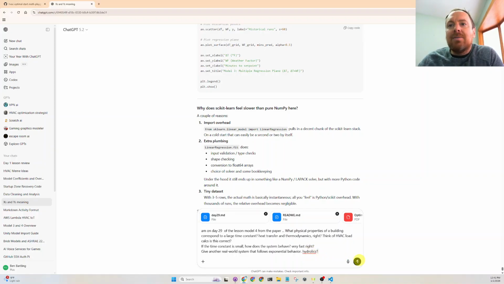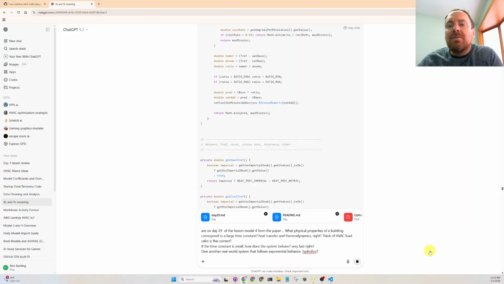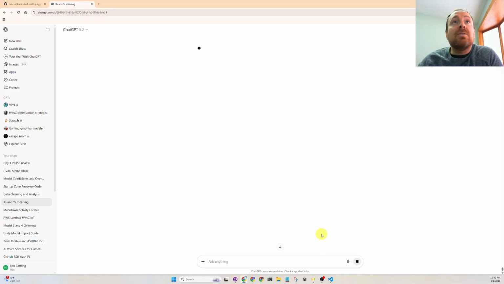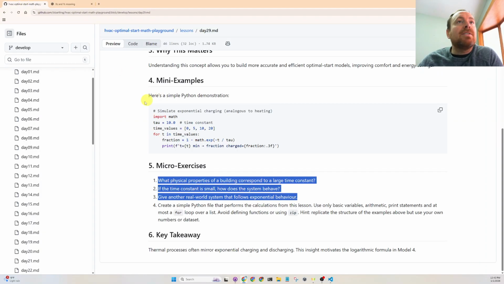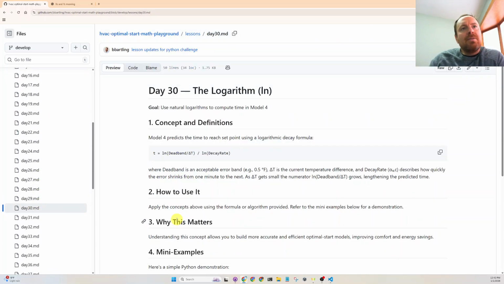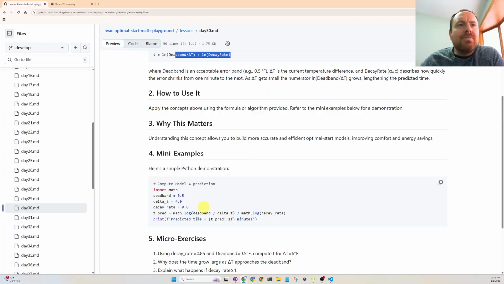Let's just see, oh shoot. Okay, so it gets to think a little bit. While that thinks, maybe we can peek ahead at day 30. So it looks like we get into some of these decay rates, which looks like here.